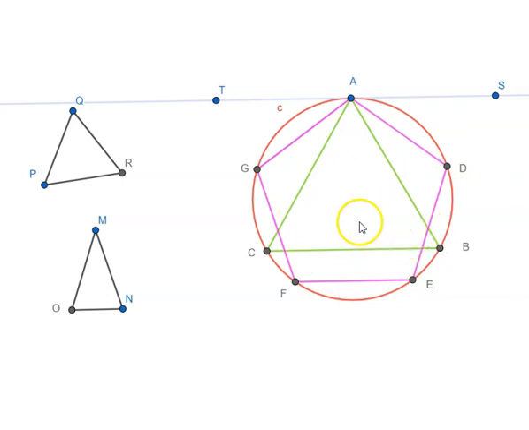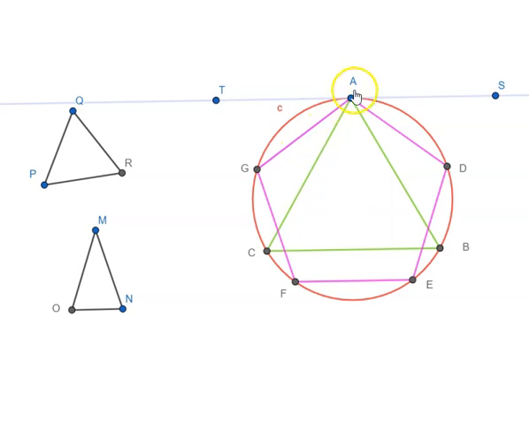Now what's the fun of this? We know a pentagon will cut this circle into 5 equal parts, and the equilateral triangle will cut it into 3 equal circular segments. That means A to C is the segment cut by the equilateral triangle, and AG is the circular segment cut by the pentagon.